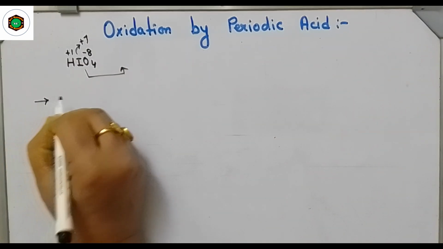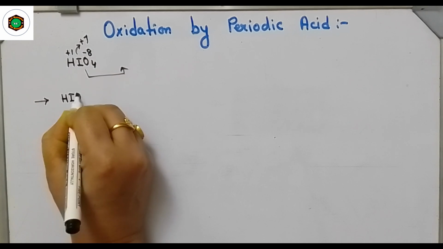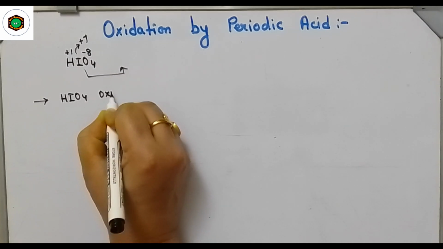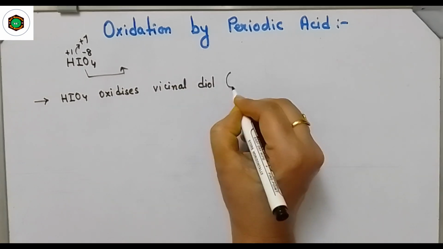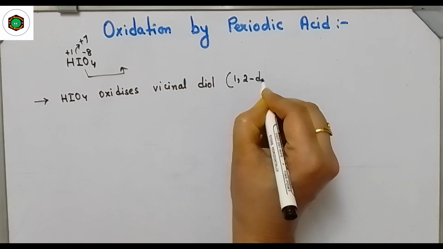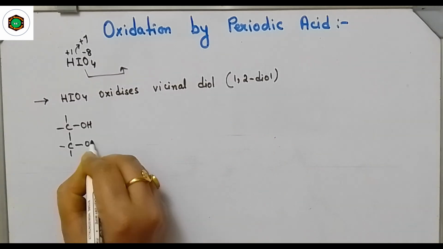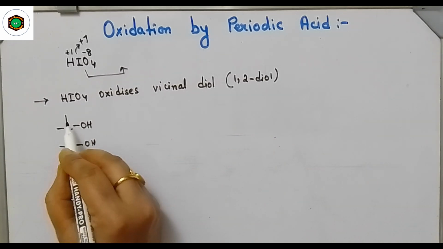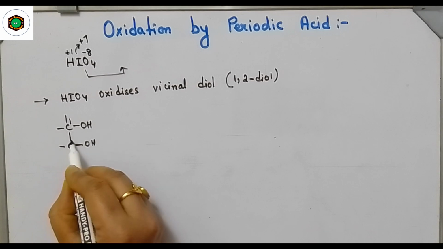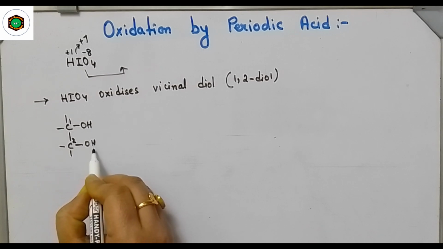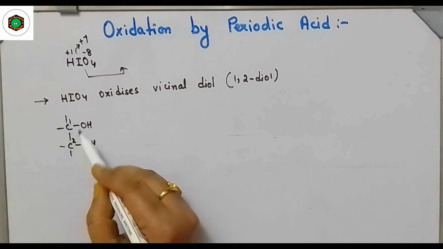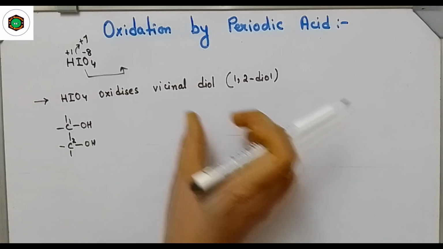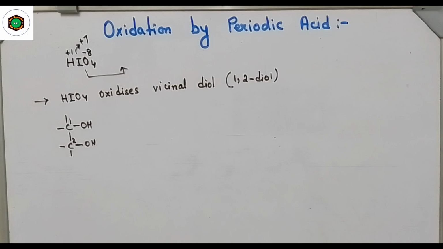Now see, HIO4 oxidizes vicinal diol. Vicinal diol means 1,2-diol. Means with respect to this OH, if this carbon is 1, then the next carbon is 2. At that carbon also one OH group is there. So two adjacent carbon atoms, if they are containing OH groups, it is called vicinal diol or 1,2-diol.